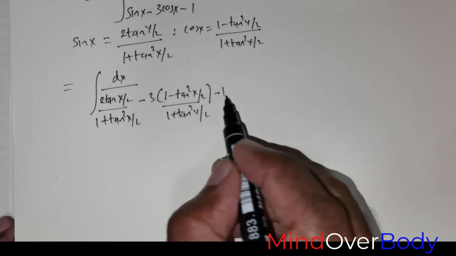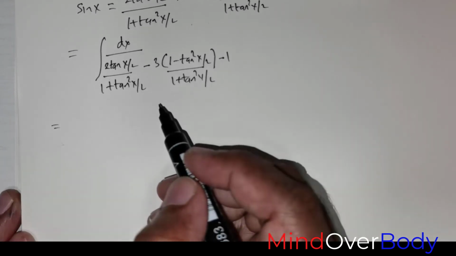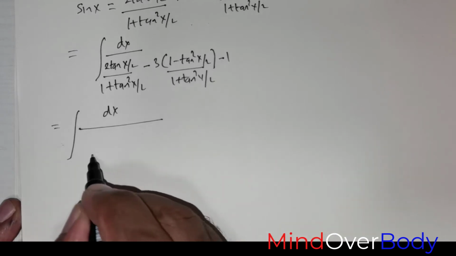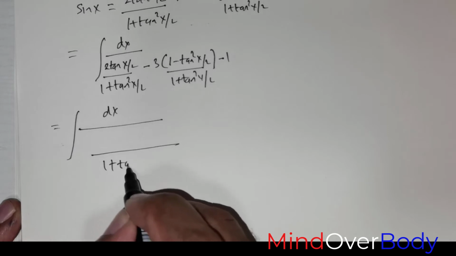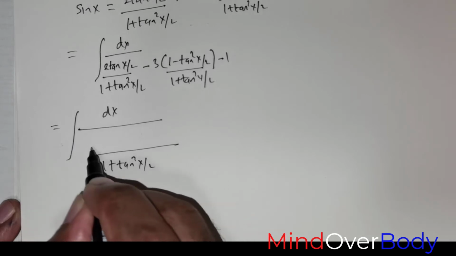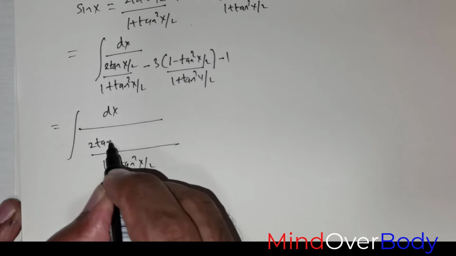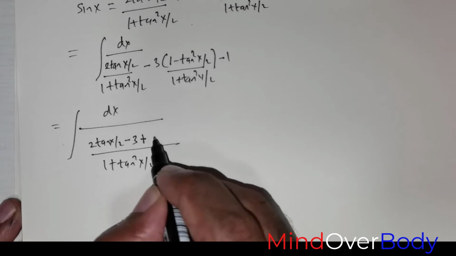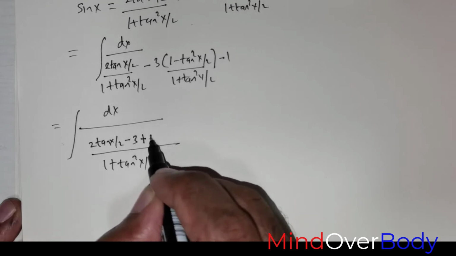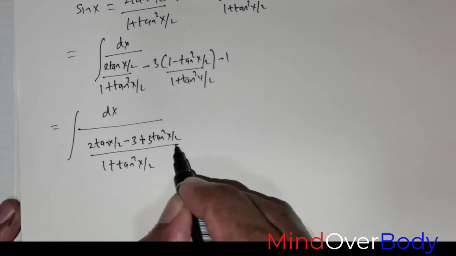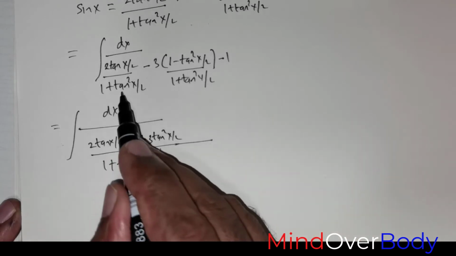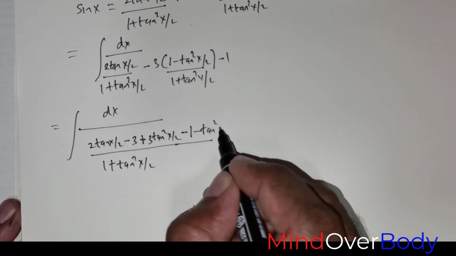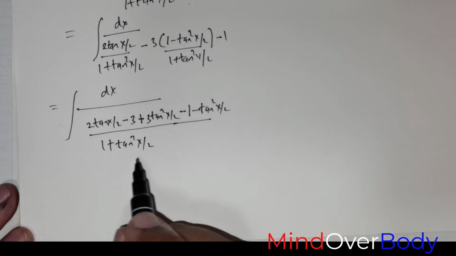So this is rewritten as, let me use the space here, integral dx over, I'm taking the LCM as 1 + tan²(x/2). That will give me 2 times tan(x/2) − 3 + 3 times tan²(x/2), and since 1 + tan²(x/2) is the LCM, this is going to give me −1 and −tan²(x/2). So this is what I've got.